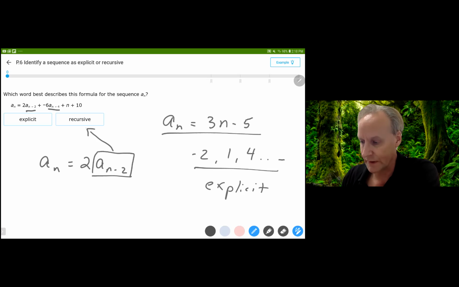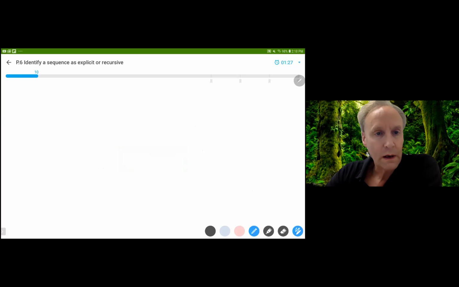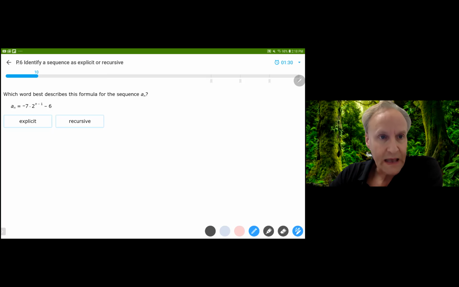So in this case, we're talking about recursive because it's got two of its former terms that are defining the new term. So it's recursive, and I think you're going to find this is going to go very quickly. This one has no a to the n terms in it, so it's explicit.